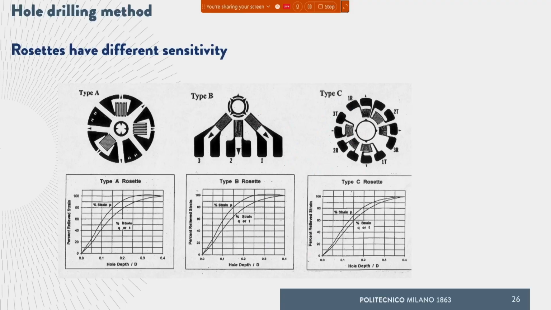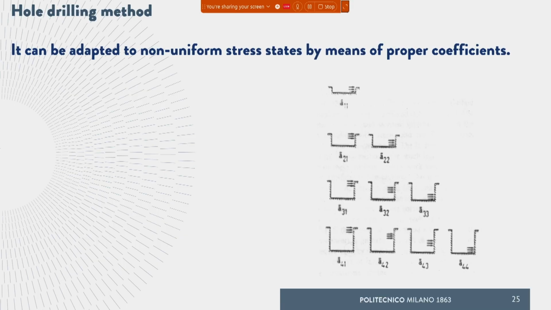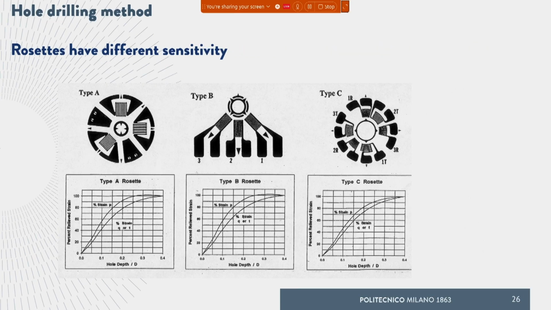This is the way it works. These are the coefficients obtained by means of finite element, used to relate the pre-existing stress state at a point with the relaxed deformation according to the depth of the hole itself.